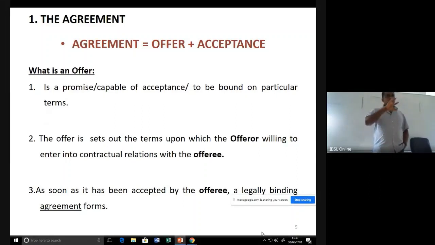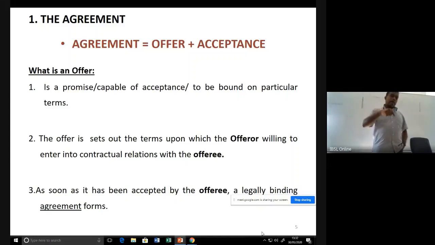The feature of the promise is that this promise or offer can be accepted by the other party. One party asks, would you like to marry me? I will look after you. That's a promise, but it can be accepted. The offeror makes the offer, the other party can accept.